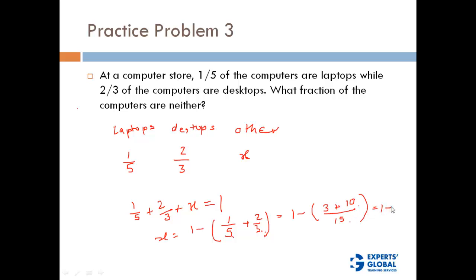Then we have 1 minus 13 by 15, which is the same as 15 minus 13 by 15, which is 2 by 15. So 2 by 15 of the computers are neither desktops nor laptops.